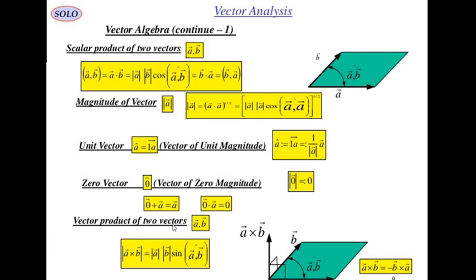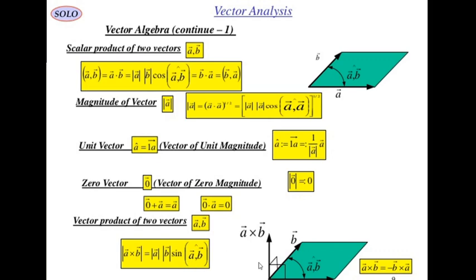Now the vector product of two vectors. The earlier one was the scalar product, now we are talking about the vector product, that is A cross B, and that will be the product of their magnitudes times sine theta, where theta is the angle between the two vectors.